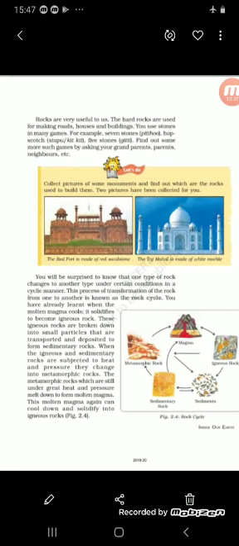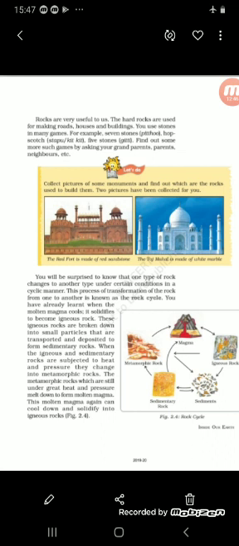This is the details about rock cycle. First, let us see the pictures.